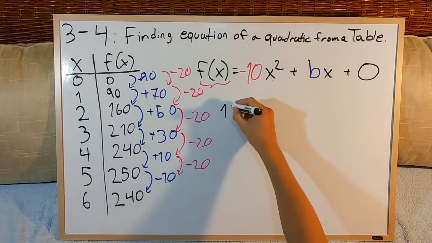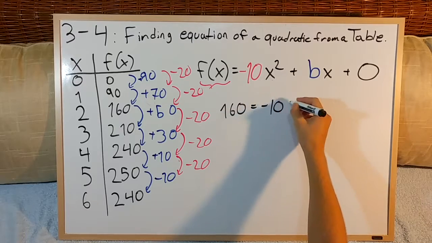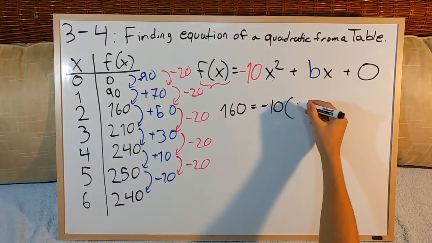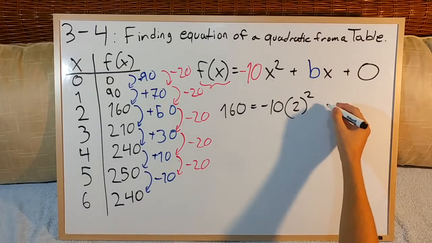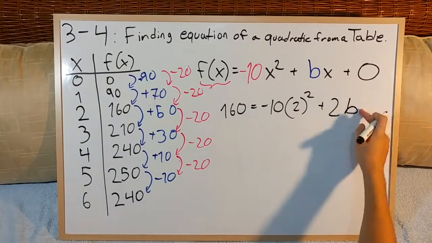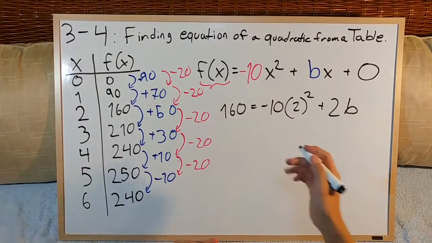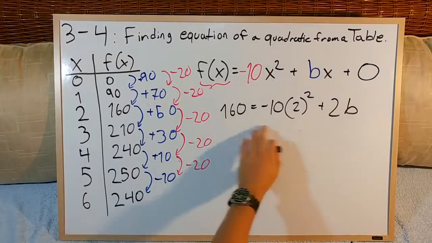160 is the y value, and we set it equal to negative 10 times 2 squared plus 2b. So now we just solve for b.